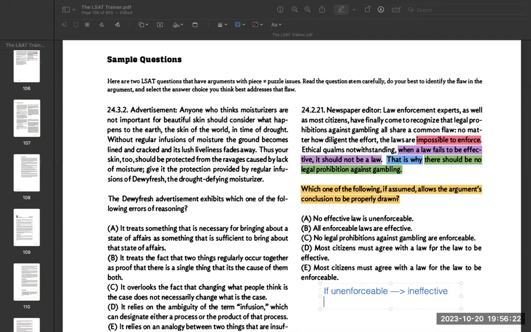Okay, the contrapositive of that statement is that all effective laws must be enforceable. So we're essentially saying that enforceability is a requirement for effectiveness. Okay.